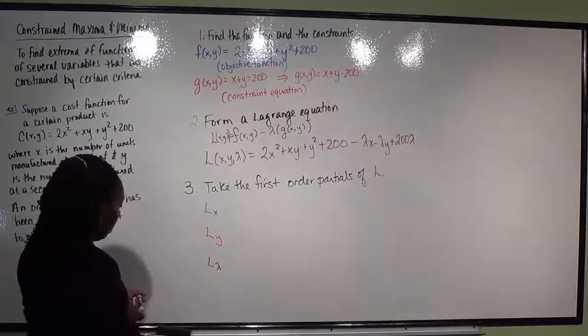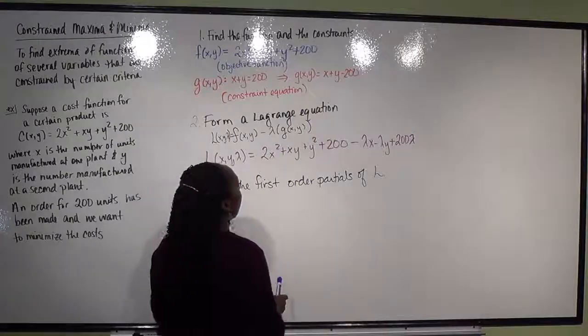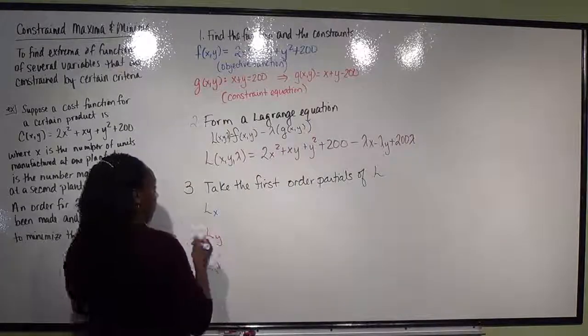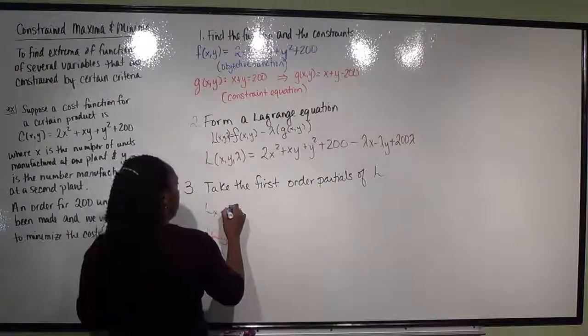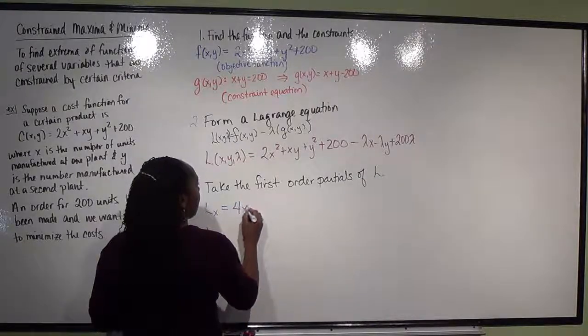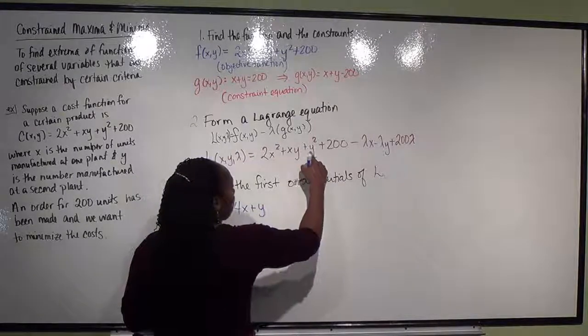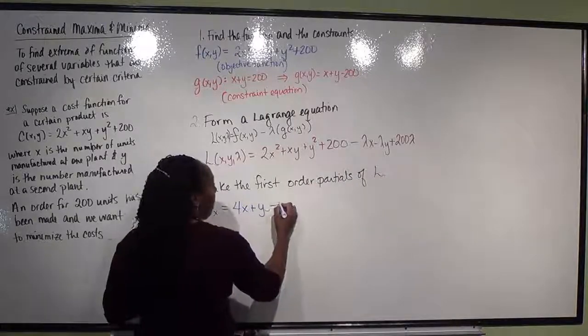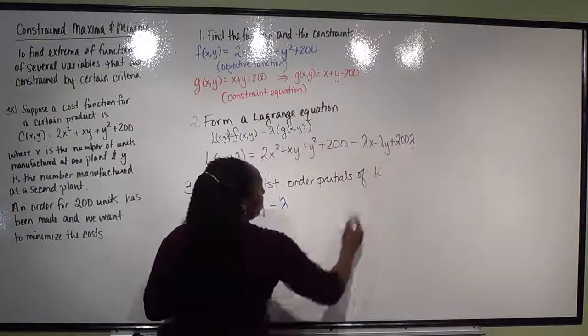Okay, so looking at this equation here, L sub x, again treat everything not x as a constant. So I'm going to get a 4x plus y, that goes to 0, that'll go to 0, minus lambda, and those two terms will go to 0.